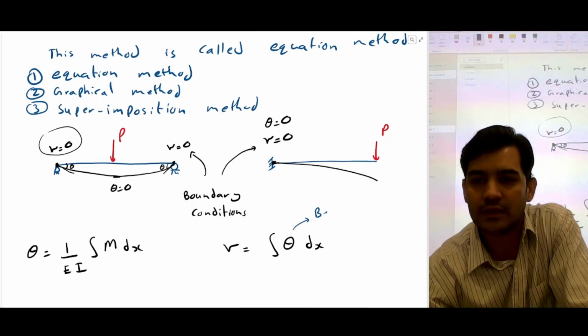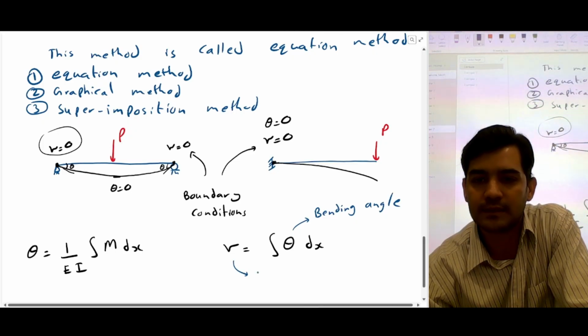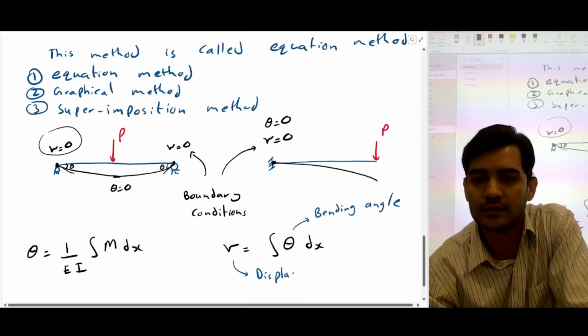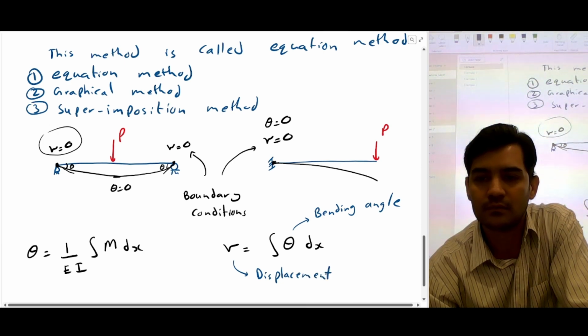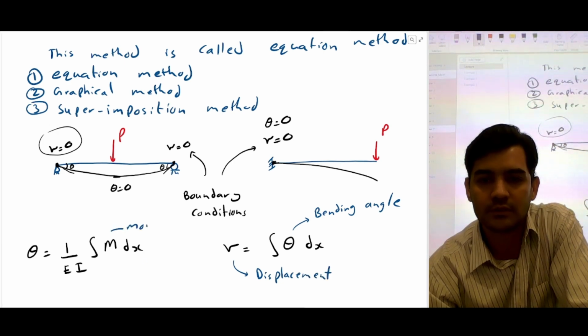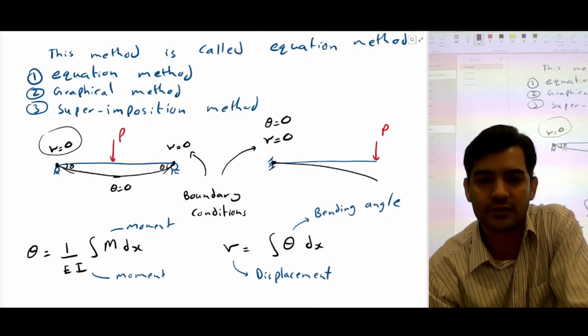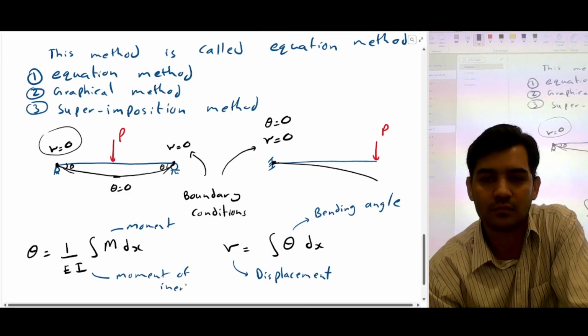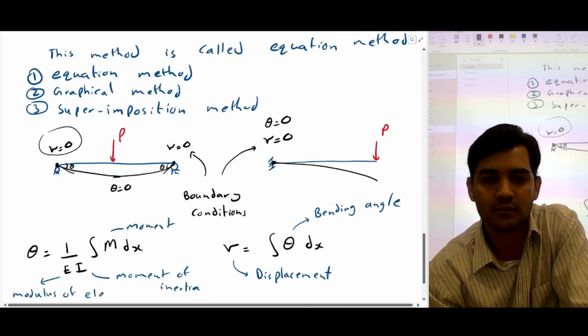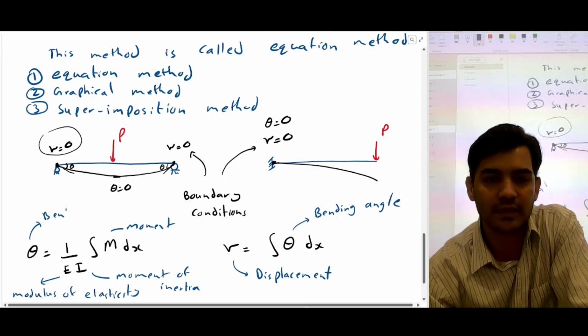So this is bending angle, and this is displacement. This is moment, this is moment of inertia, and this is modulus of elasticity. And this is bending angle.